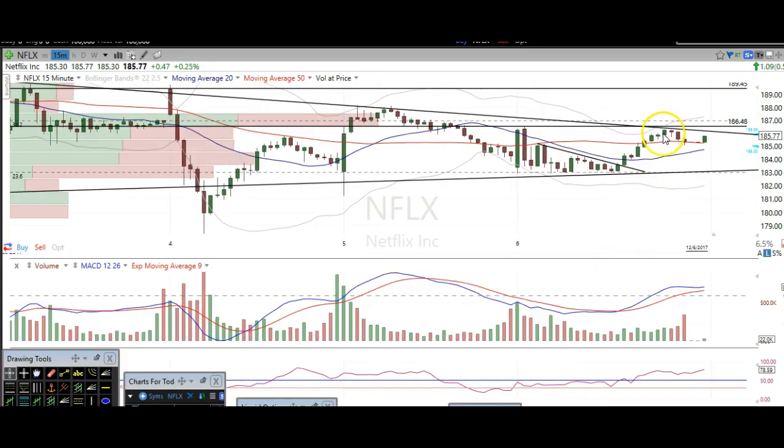And then we held on for a little while longer. We wanted to see how it reacted to this level here, and it was getting late in the day.